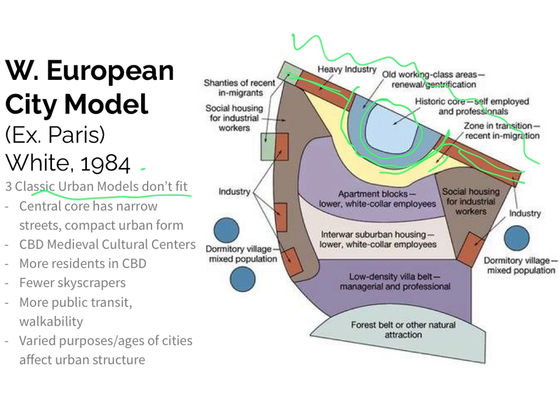Right outside of this area in the yellow is your zone of transition. People are coming in, people are moving out. There's a lot of change happening in that zone. On either side, you have social housing for industrial workers. These are the people that are going to work down here on the river in the brown. And then again, you've got other pockets of industry all along those areas as well.